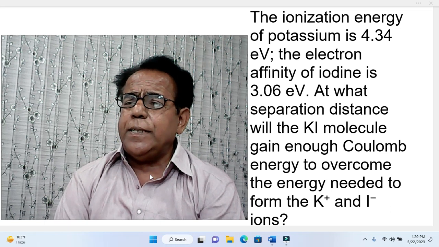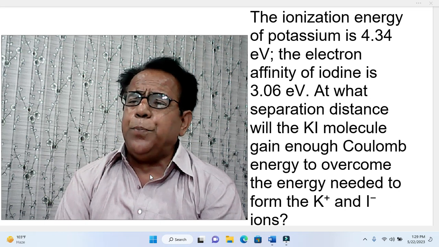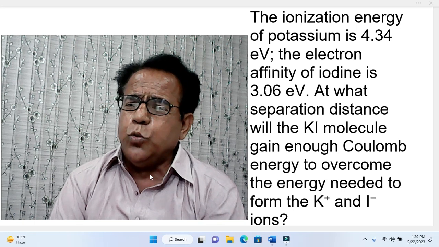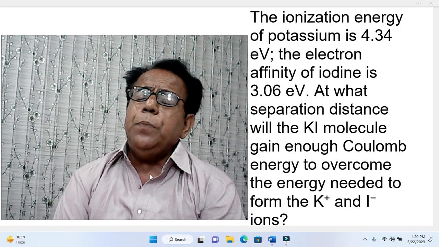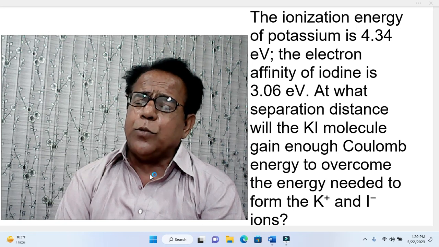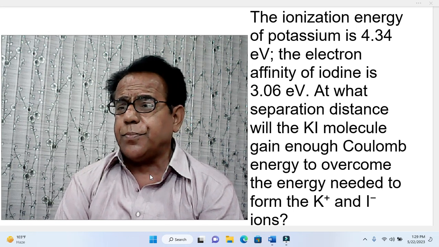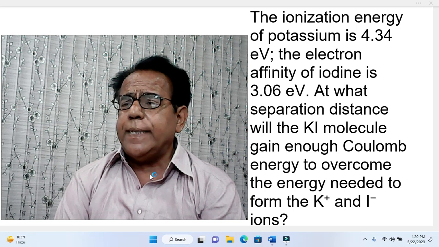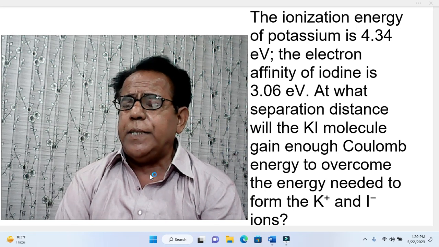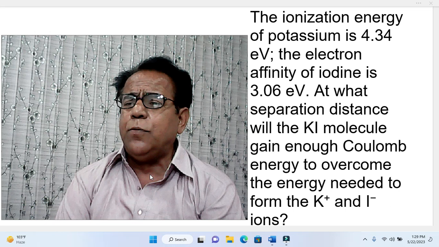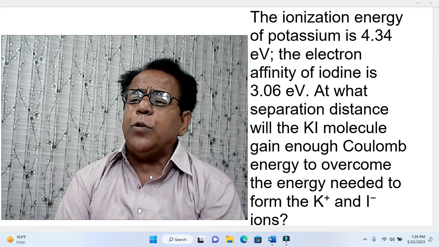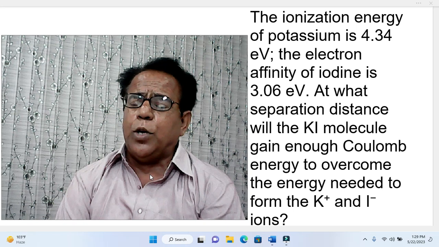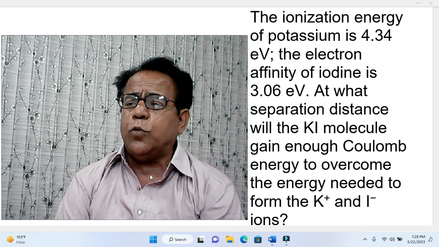Dear students, we will see that both these values will be given in one table, which will be used as a helping tool. The ionization energy of potassium is 4.34 electron volt. The electron affinity of iodine is 3.06 electron volt.